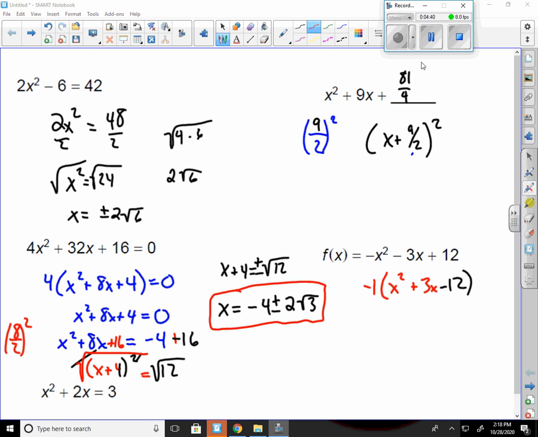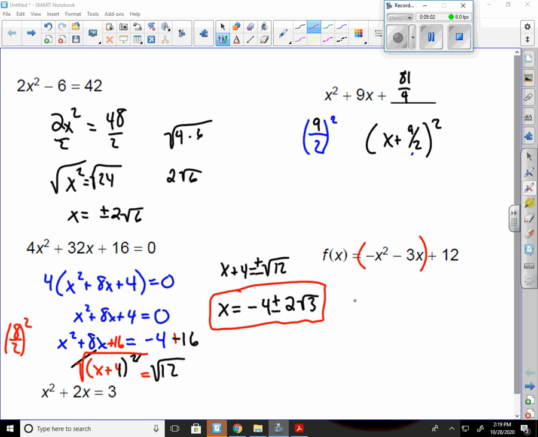Let me see what the instructions are for this one. Yeah, the instructions for this one are to put it in vertex form. That makes more sense. So the first thing I'm going to do is divide it off from putting it in vertex form.